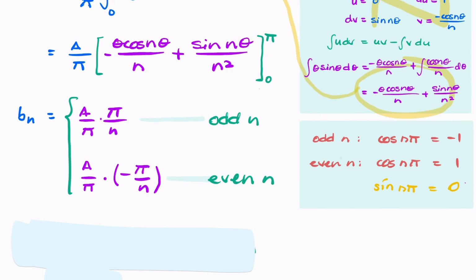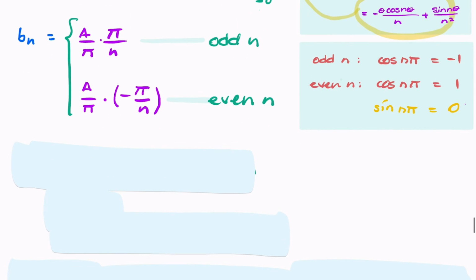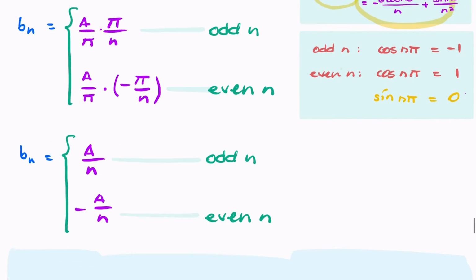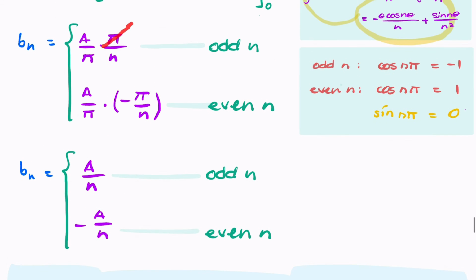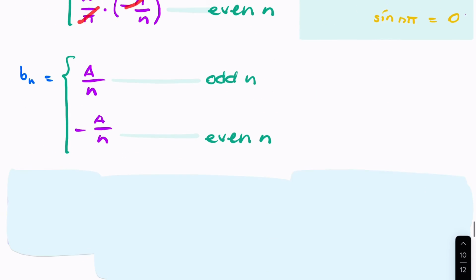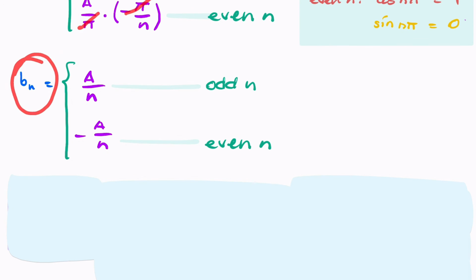So these look very similar, but one is the negative of the other. So we can say b of n is either a over n or negative a over n, obviously because we're cancelling out the pi's. So these are our b's.